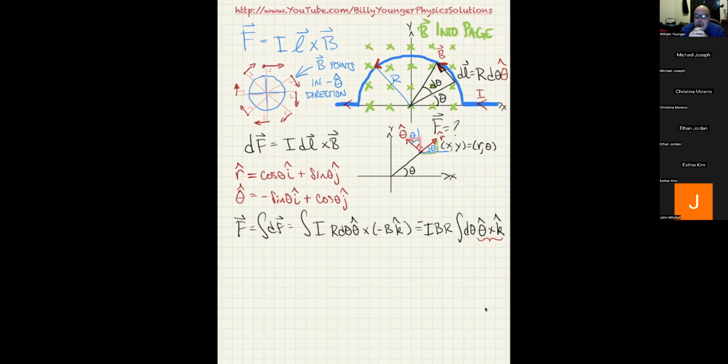So remember, you can use your right hand rule. You want your index finger to point in the direction of theta hat. And then remember, z is pointing out of the page. So you want your middle finger pointing in the direction of z hat, because that's the direction of k hat, right? And which direction is your thumb pointing now?